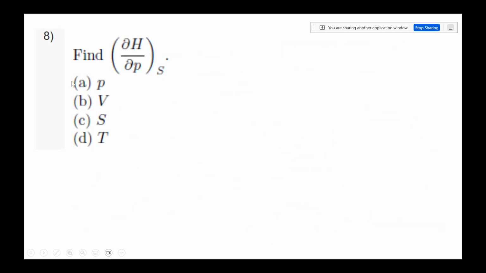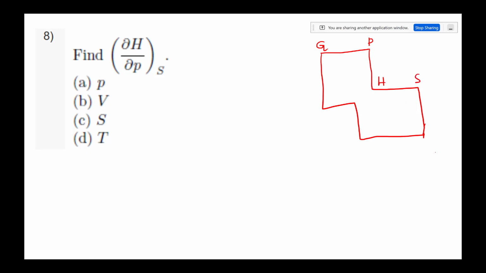This problem says del H del P at constant S. So again we have learned how to read this mnemonic diagram. So I will draw this diagram. This is G P. Good physicists have studied under very fine teachers.